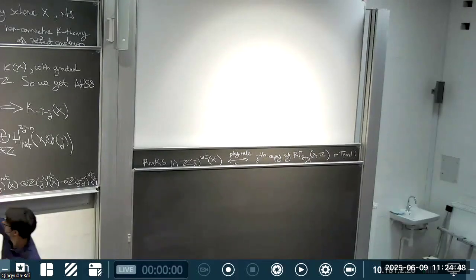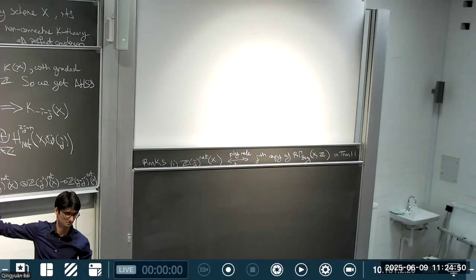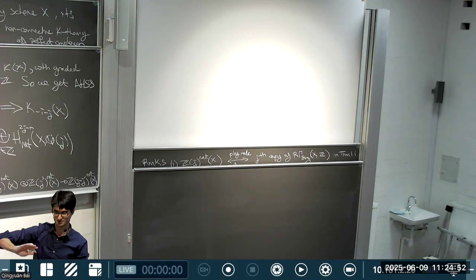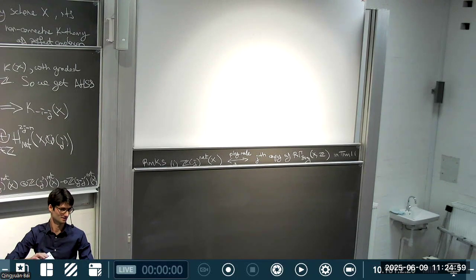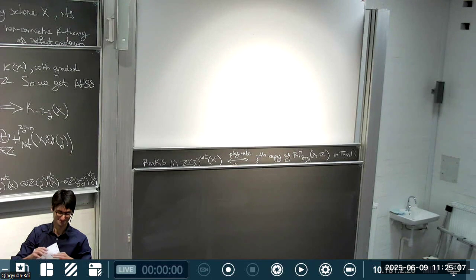So given that things are vanishing in negative weight, the first piece of interest is going to happen in weight zero motivic cohomology. Now, our goal is to write down somehow the simplest and most fundamental, basic, elementary cohomology that you can think of on a scheme.